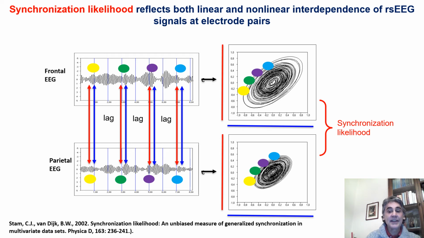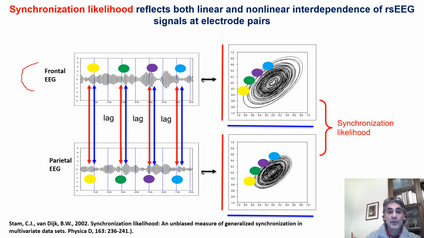An interesting technique is the synchronization likelihood, which reflects both the linear and nonlinear interdependence of resting state EEG signals at electrode pairs. You can see in the picture that the procedure is based on the measurement of electric voltage in one EEG activity at one electrode.